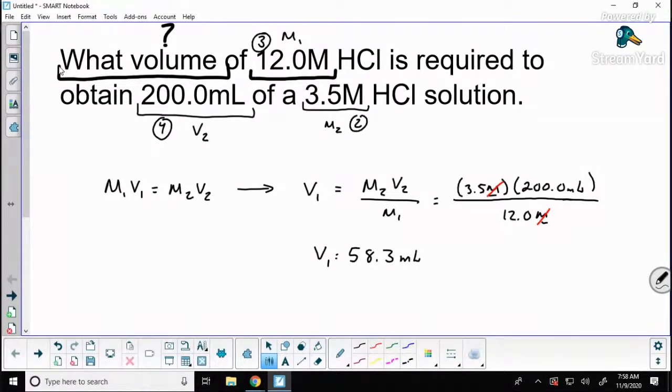So as a result, this would actually have to be rounded down to just 58 milliliters due to the inaccuracy of that 3.5 molar. If it had been 3.50, I'd have 3 significant digits, and I could have left it as the 58.3. So that is the working of this particular problem.